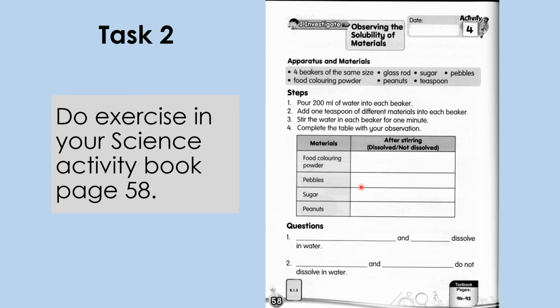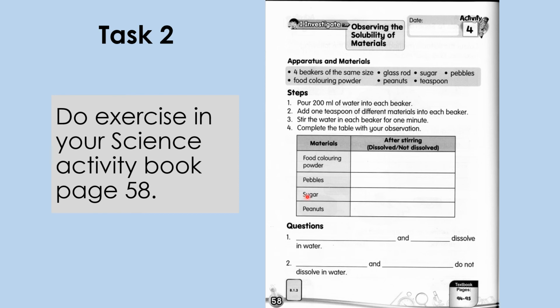Do they dissolve in water? Can you still see the pebbles in the water after you stir it? Yes, we still can see the pebbles. If we still can see the pebbles inside the water, the pebbles are not dissolved in water. So you write here, not dissolved, in this row.